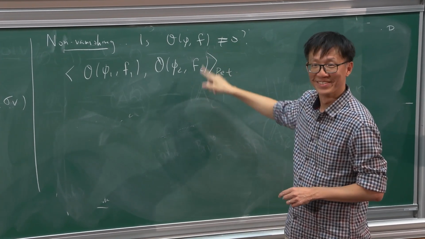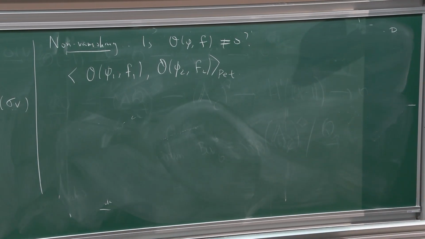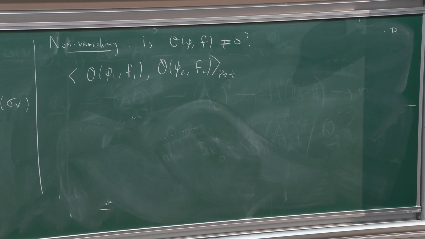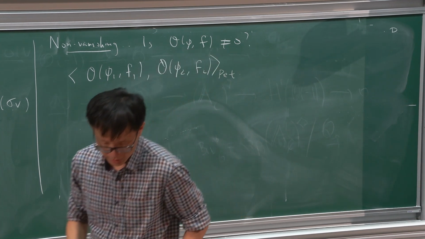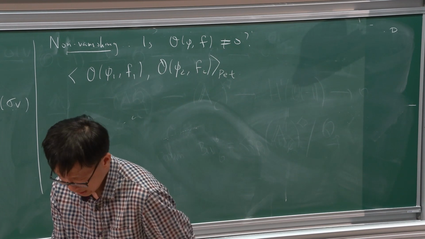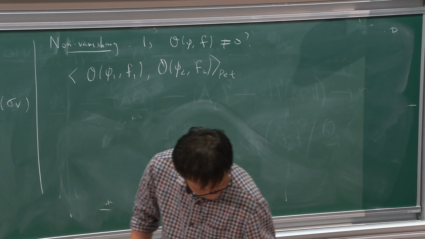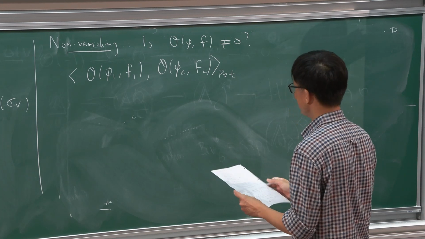So without loss of generality, assume it converges, because we are trying to detect whether it's zero or not. If the integral doesn't converge, the functions are definitely non-zero. So we want to compute this, and this is the so-called Rallis inner product formula.